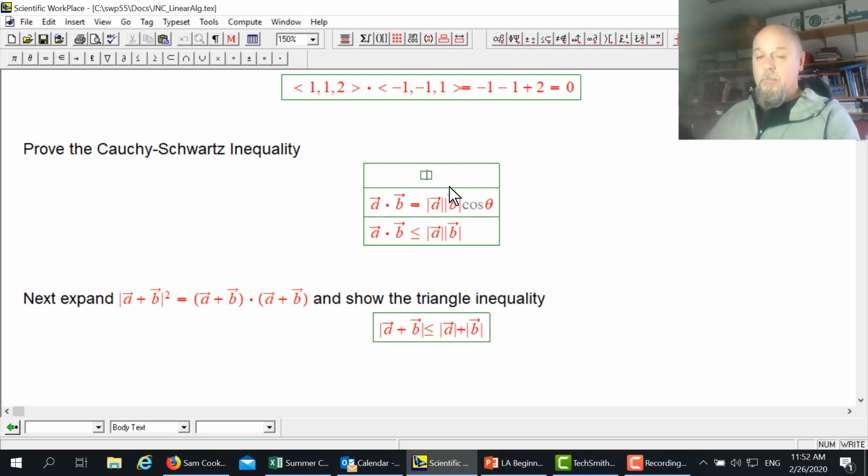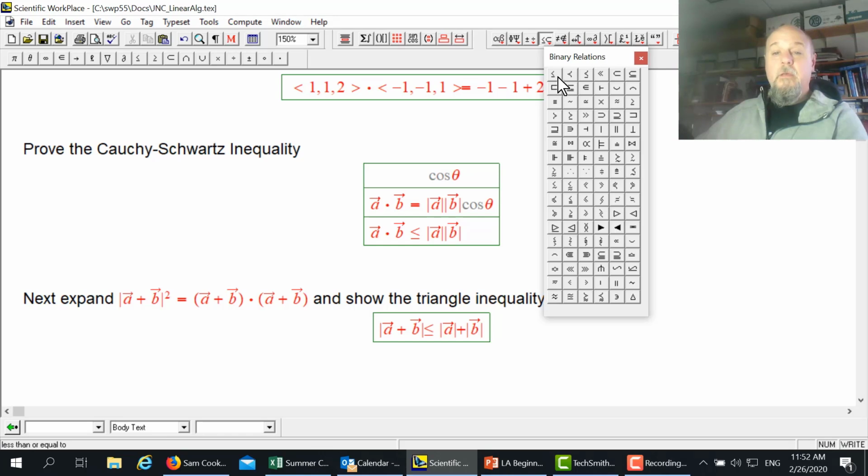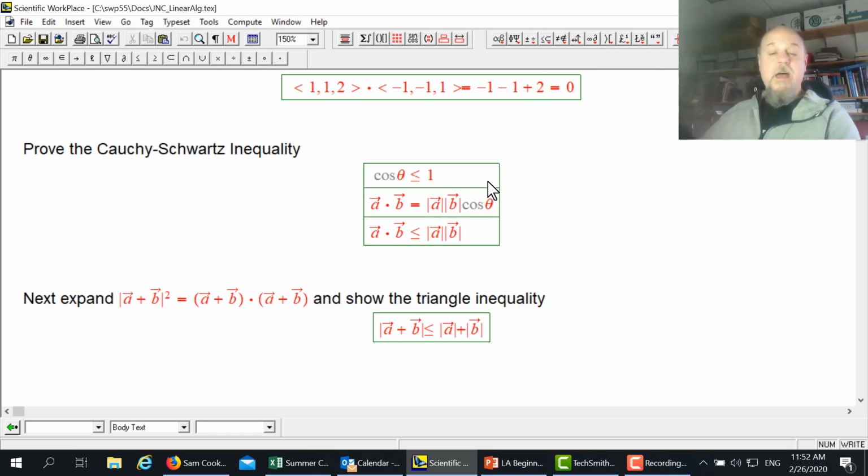Let's think about this in a proof type structure. I know that cosine theta is always less than or equal to 1. That's true.